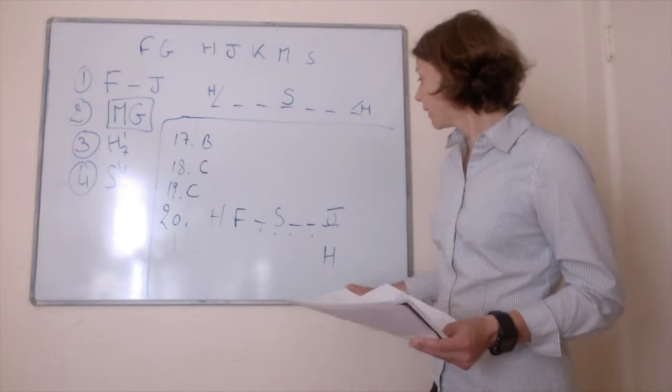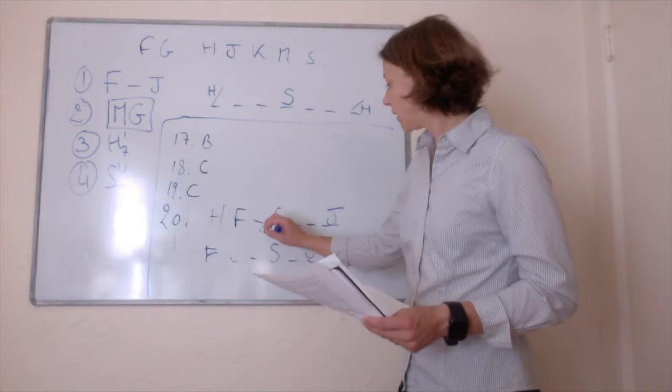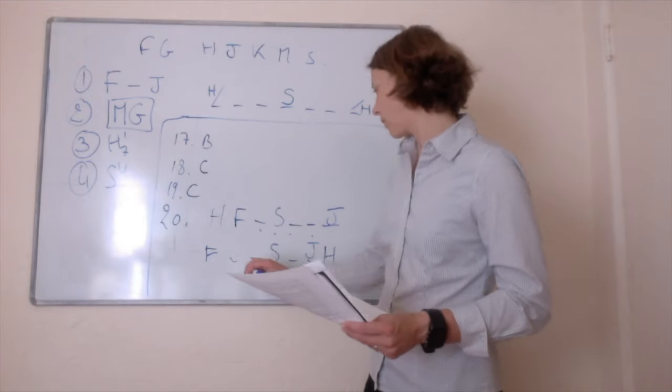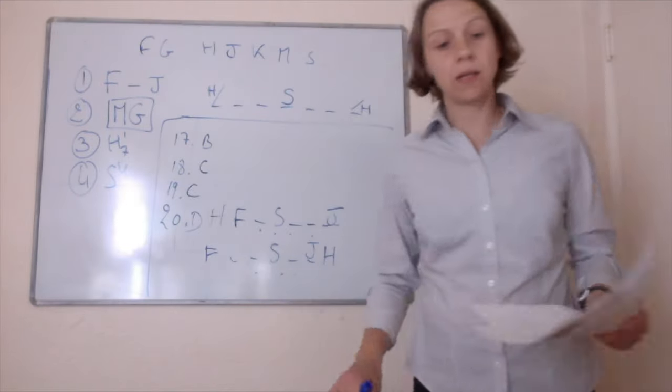If you put H here, then you're going to put F first, and you're going to have 2, 3, S. And the furthest away J can be is here. Your M, G, and K would be in those slots. Again, 1, 2, 3, 4. So 4 is the answer, which is answer D in this case.